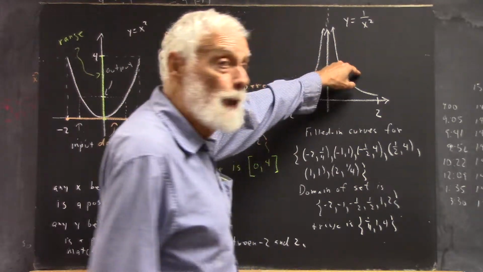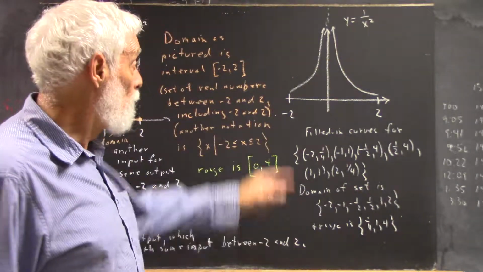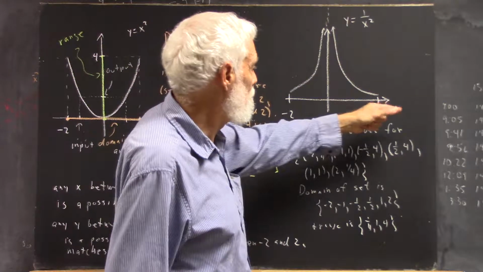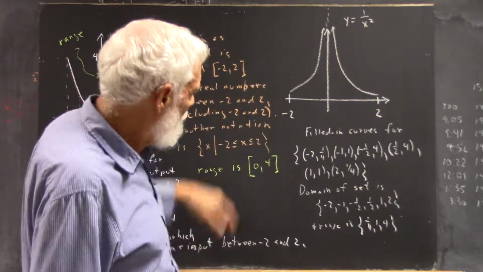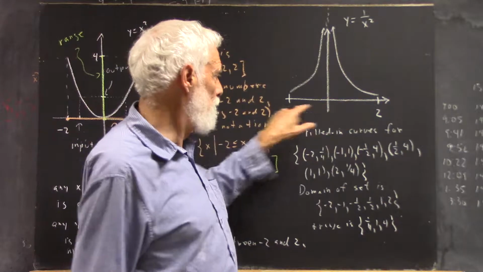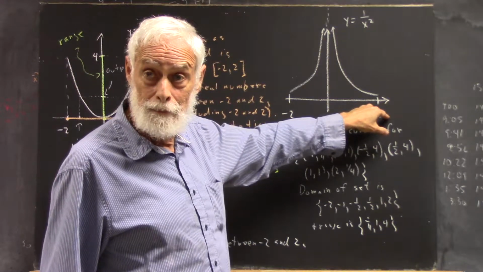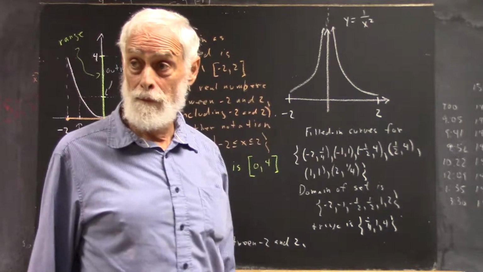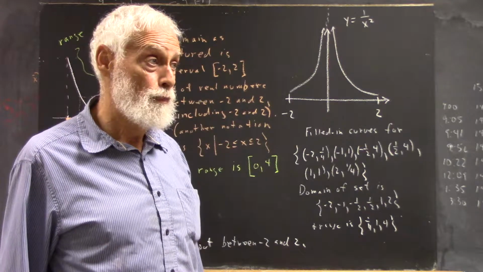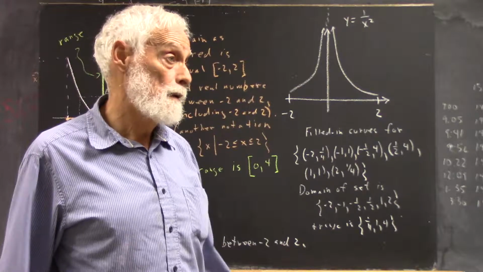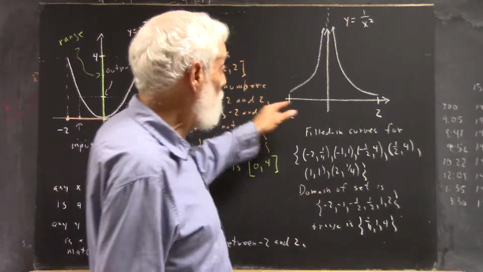Okay, now, if we come up here, what's the domain for the entire function? How many of the numbers between -2, can we evaluate this function at every number between -2 and 2? Well, why not? Because 0 is between -2 and 2.